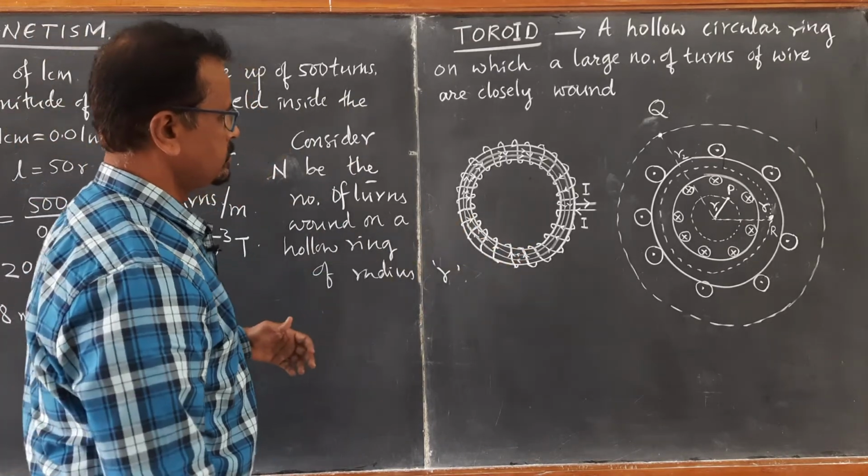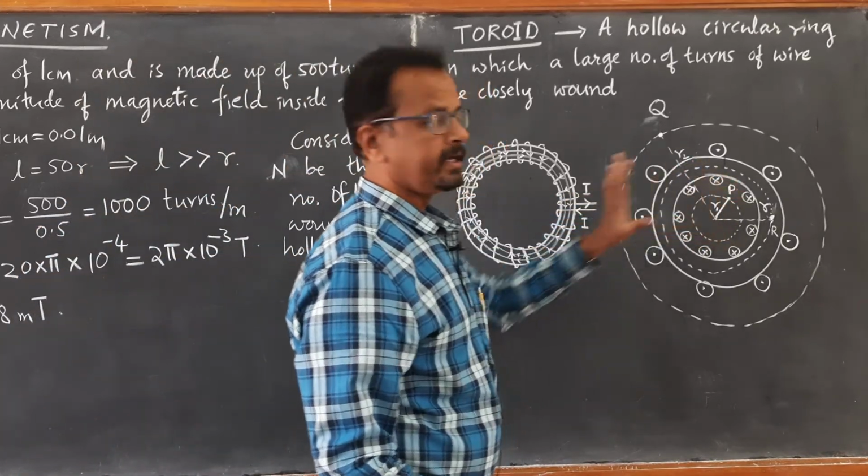Okay. Next, first I am choosing point P in the interior of the hollow ring.